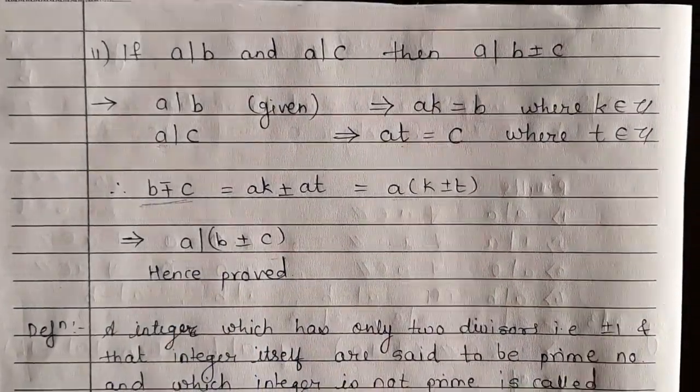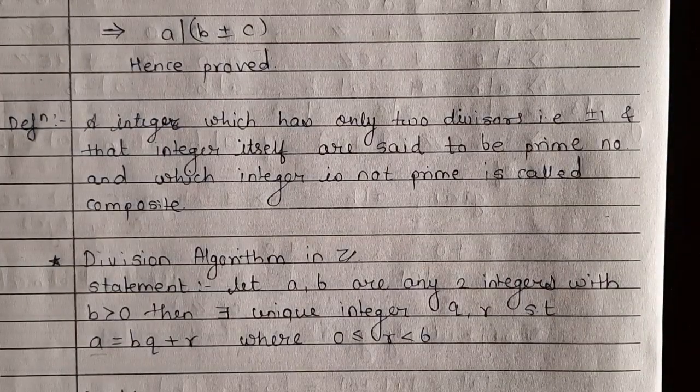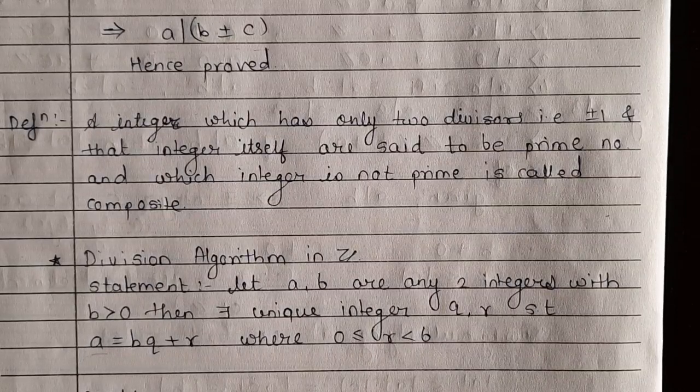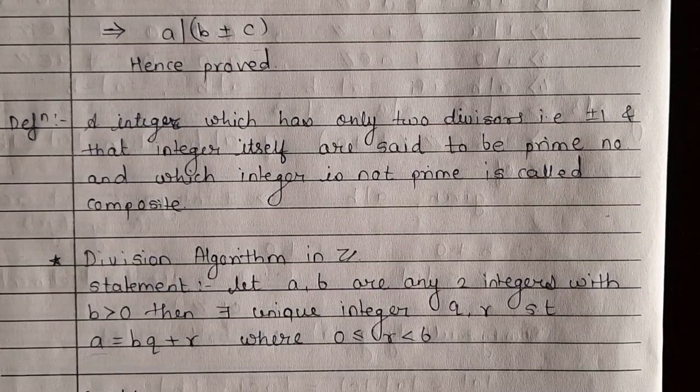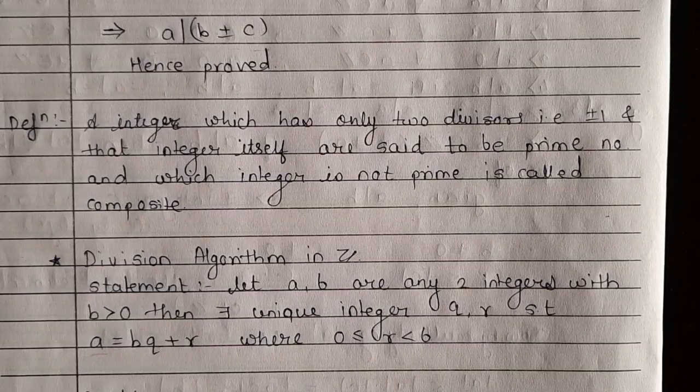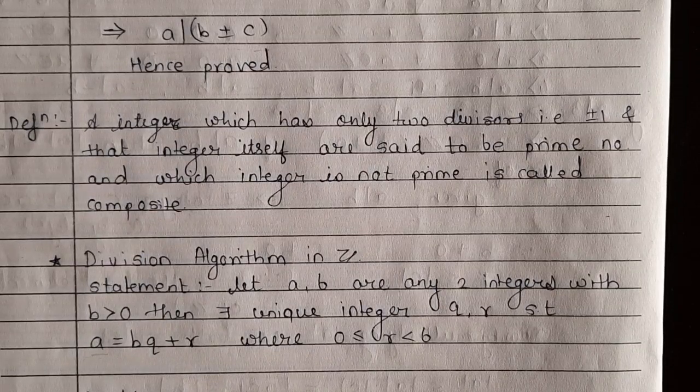So proved. Now we have one more definition, that is composite and prime number. When you say prime number, it is an integer which has only two divisors, plus or minus 1 or that number itself.